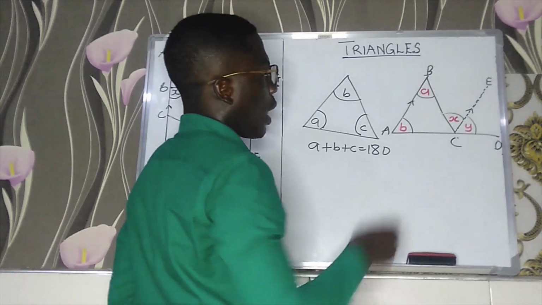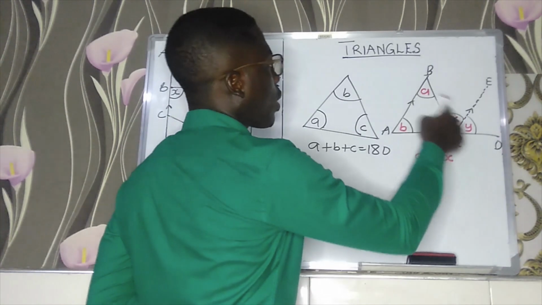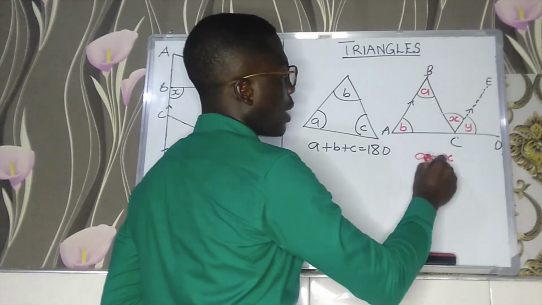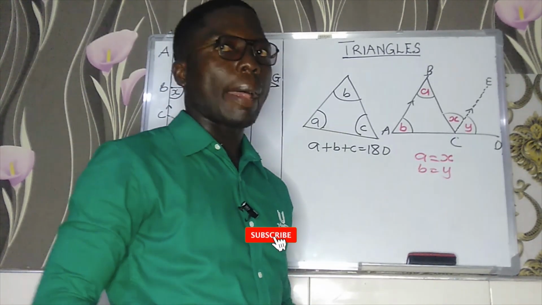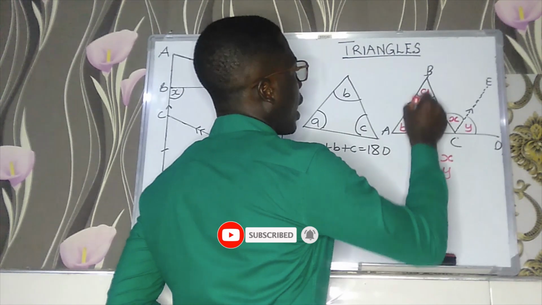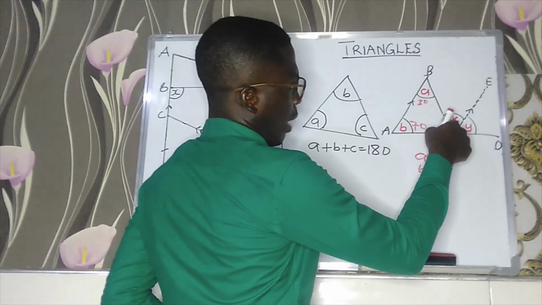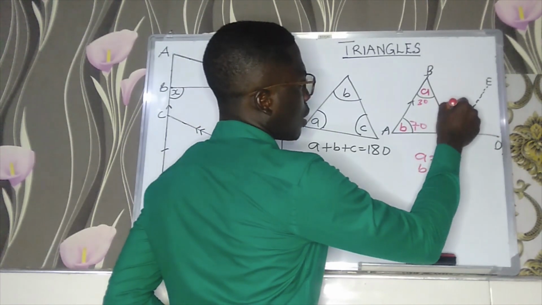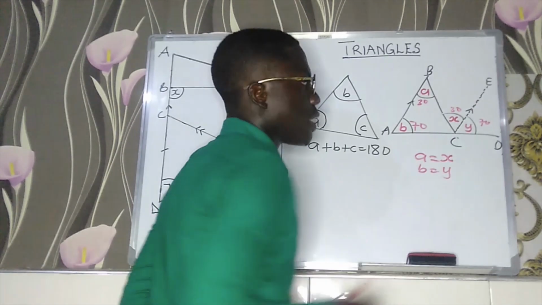And so A is equal to X because alternate angles are equal, and B is equal to Y because corresponding angles are equal. So if I have 70 here and 30 here, then it means that X is equal to 30 and Y is equal to 70 degrees.